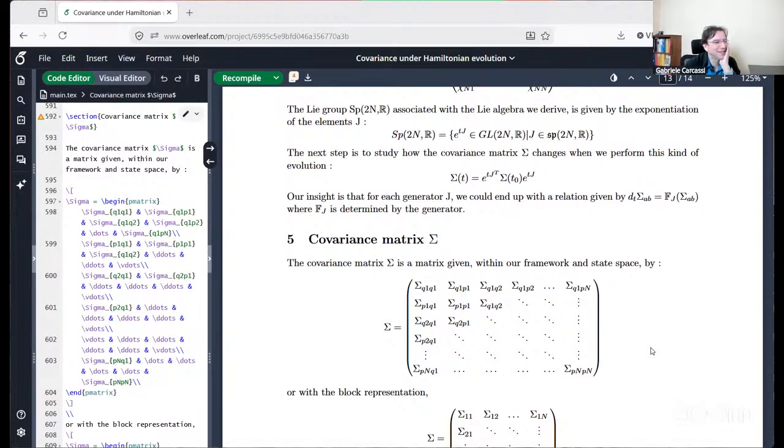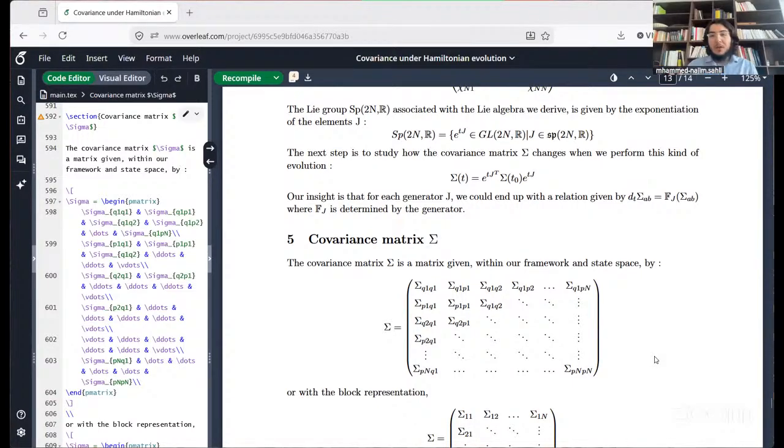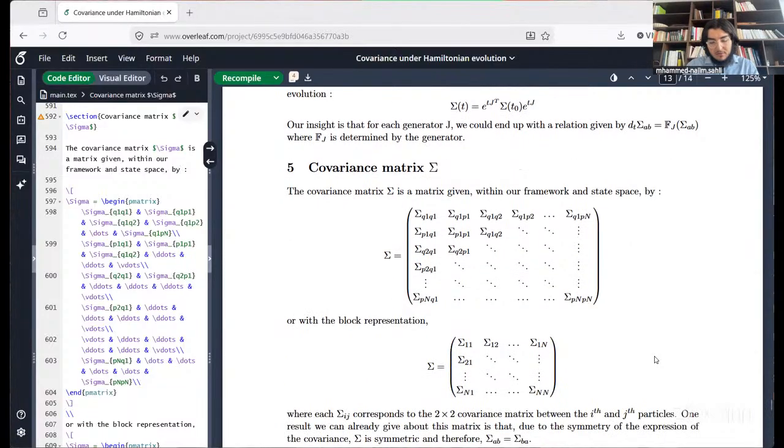I'm managing that. Okay. So to do so, what I wanted to do is just study it for 2 degrees of freedom, because with that, we have a little matrix, and it's better to see what is happening here.